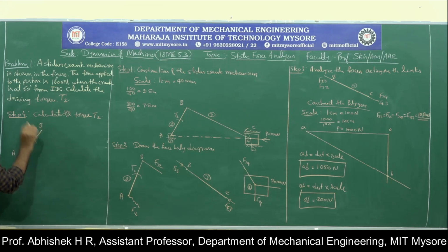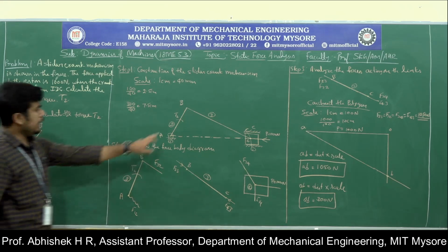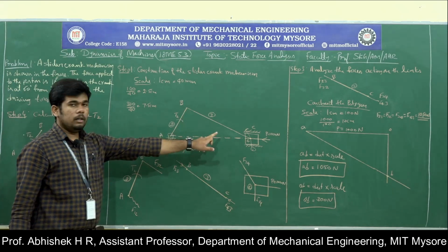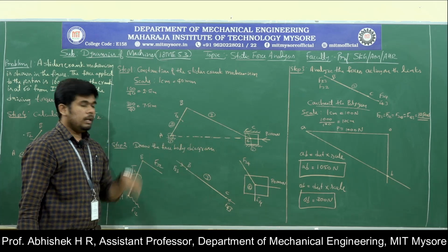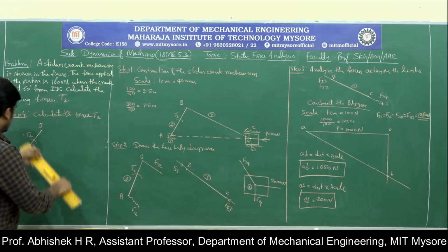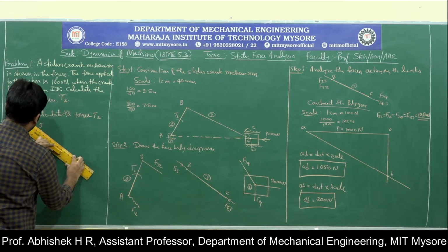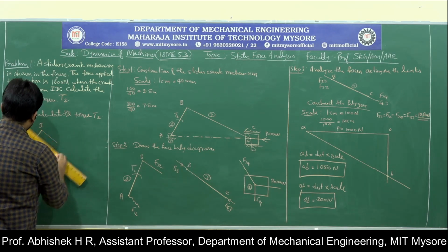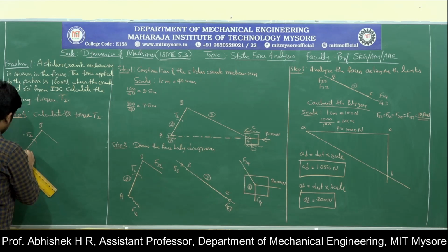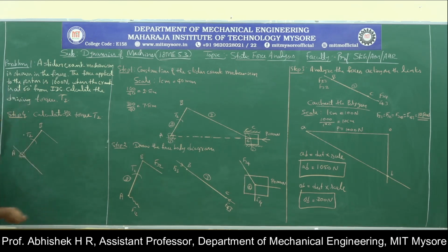Here it is T2. Now for the link T2, we have a parallel line attached, that is BC as well as the link 1. So just show it here, a parallel line means the two forces acting on the opposite direction.